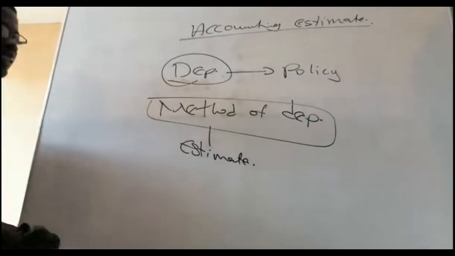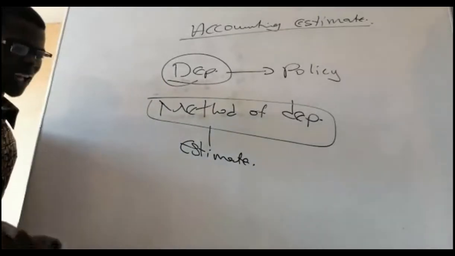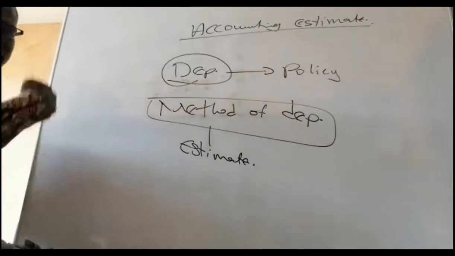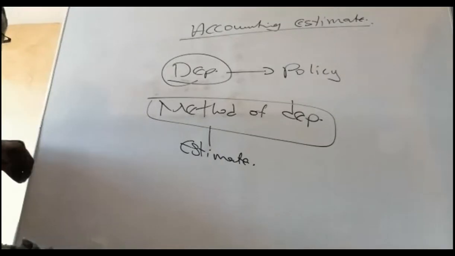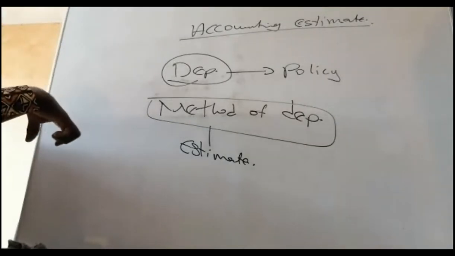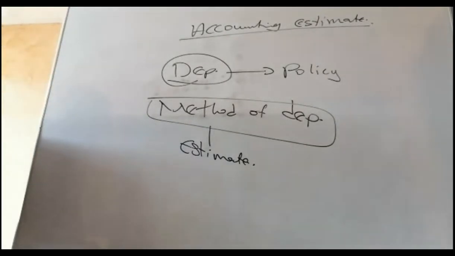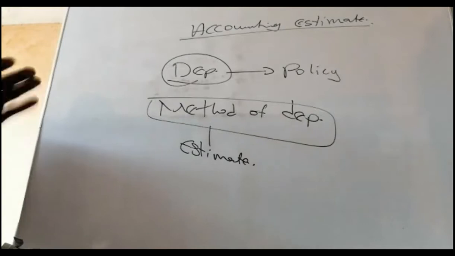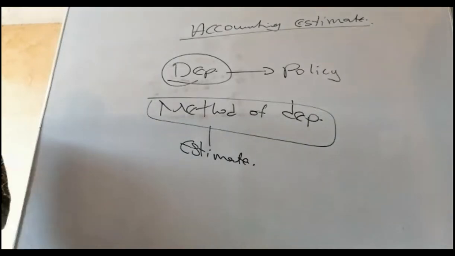So that is it. Now the issue is this: sometimes the decision to do something is a policy, but the amount is an estimate. The decision to write ICA is a policy. Why is it that we have ACCA, we have ICA, we have CIMA, we have ACIB, but you selected one of them?